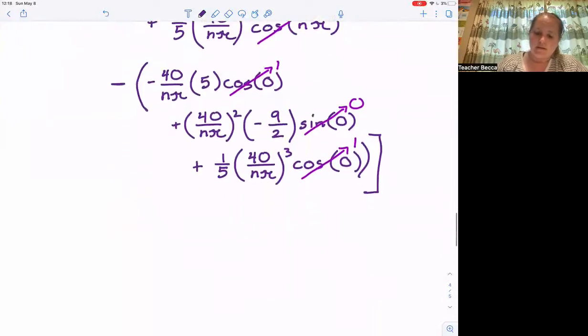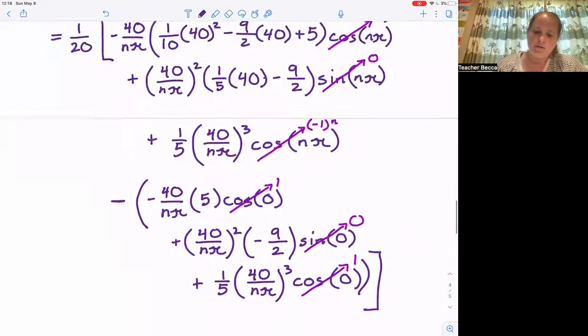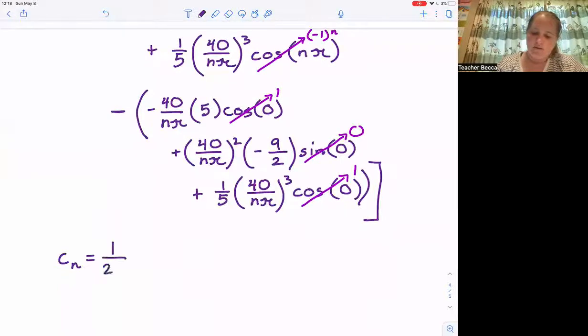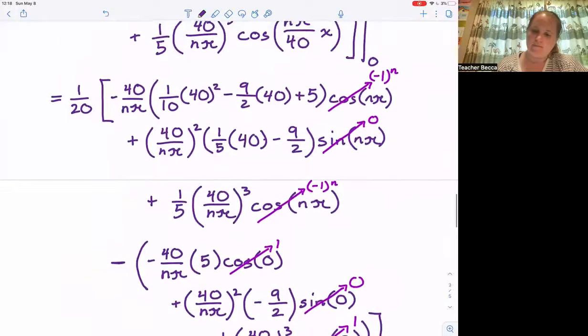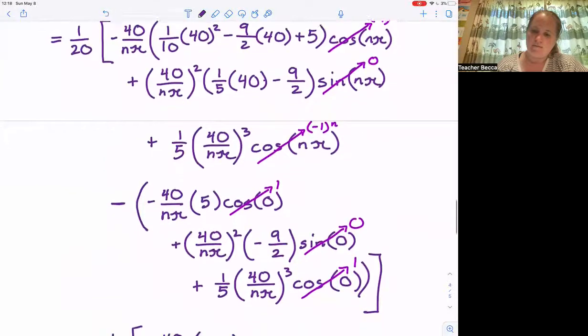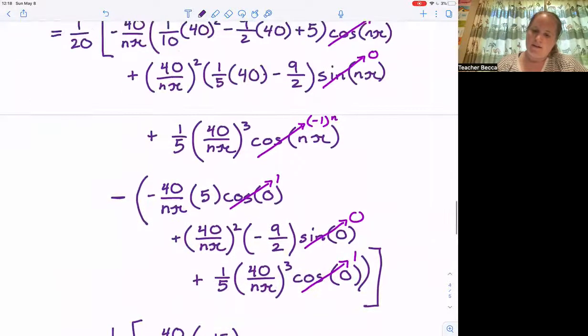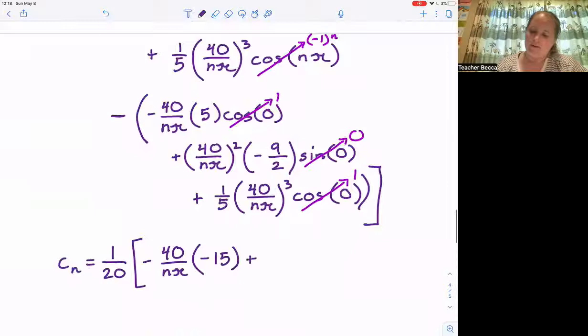So we have our Cn is equal to 1/20 times -40 over n pi times -15, and then the next line went to 0, so we'd have plus 0 and then plus 1/5 plus a -1 to the nth times 1/5 times 40 over n pi, whole thing cubed.